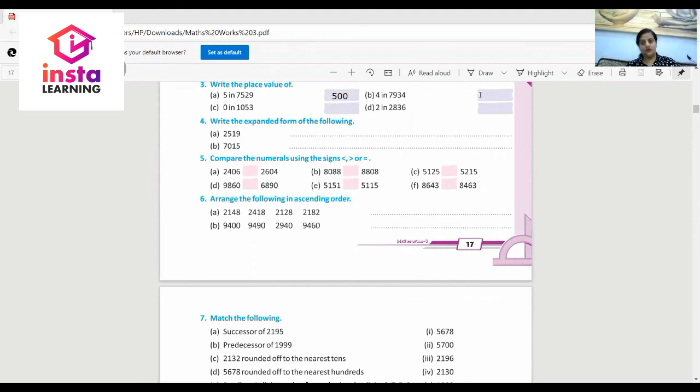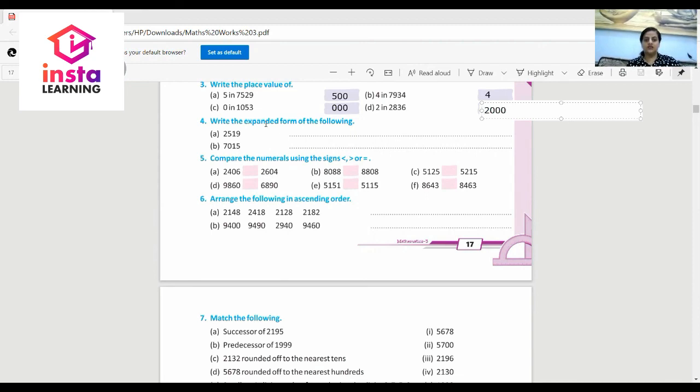That is 4 only, the same number, or we can say 4 ones, because it is at ones place. Place value of 0 in 1053 is 0 hundreds, so we will write 0. Next is the place value of 2 in 2000. So we are going to write 2000.